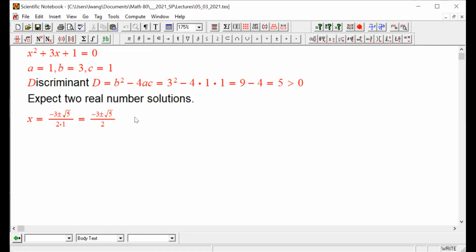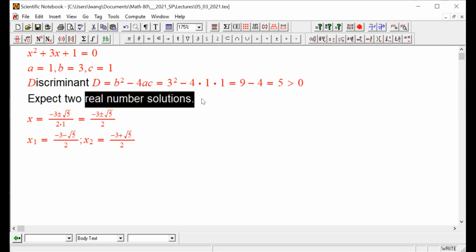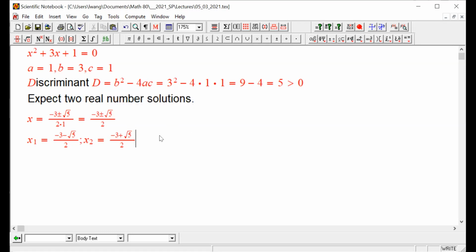If you like, you can write it into 2 roots. These 2 roots are x sub 1, and we will choose the negative sign or positive sign, which is really up to you. Then x sub 2 will be the other one. If you chose the minus sign here, you would choose the positive sign here. So these are the 2 real number solutions.